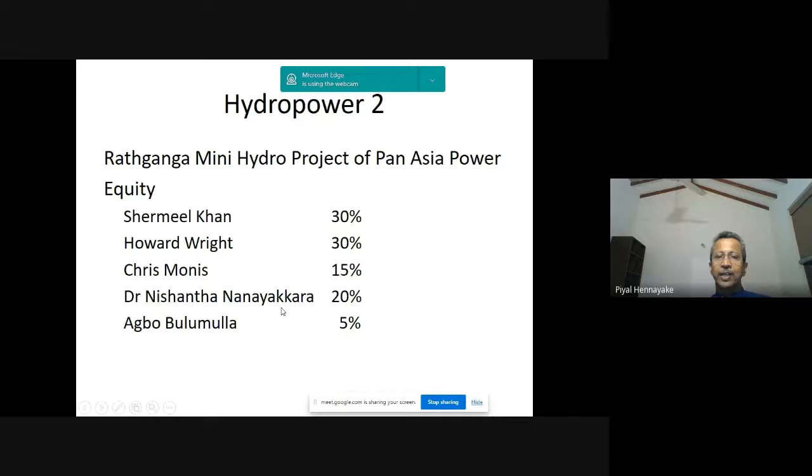And Dr. Nishantha Nanayakkara was a lecturer at Moratuwa University, and he was developing hydropower projects on his own in Sri Lanka. So he had got a license to develop a powerhouse, right? What he did was sell it to the company, and that was his equity.